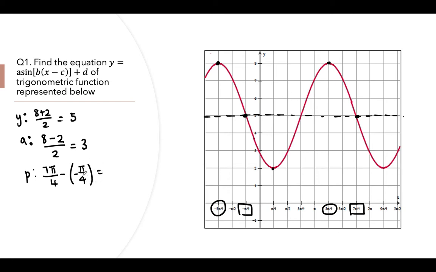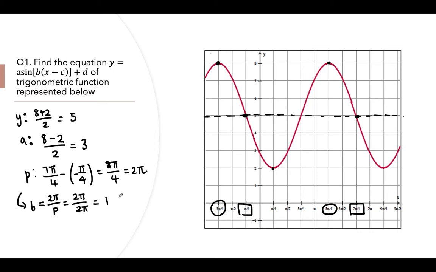Negative negative becomes positive, so it becomes 8 pi over 4, which is 2 pi. So the period is 2 pi, but in order to put it in the equation, we have to put it back into the b equation. So b is equal to 2 pi over period, which is 2 pi over 2 pi. My b value is going to be 1.